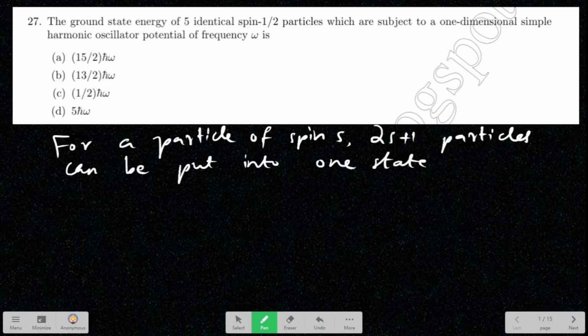So this is coming from Pauli exclusion principle for identical fermions.